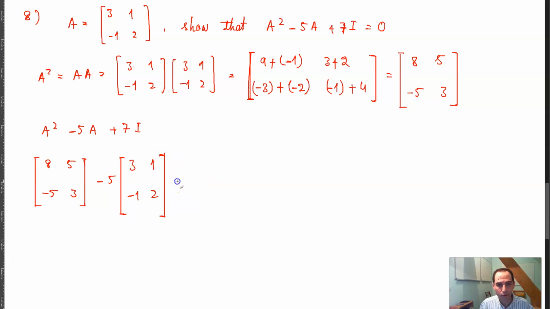And you have also plus 7 times I. So I would be, in this case, 1 0 0 1.